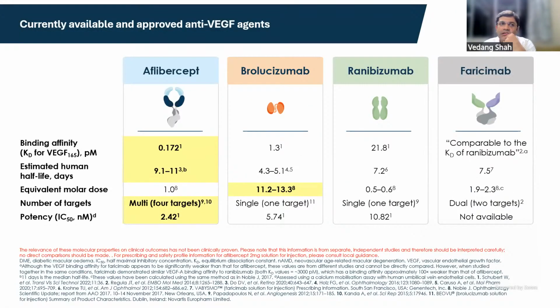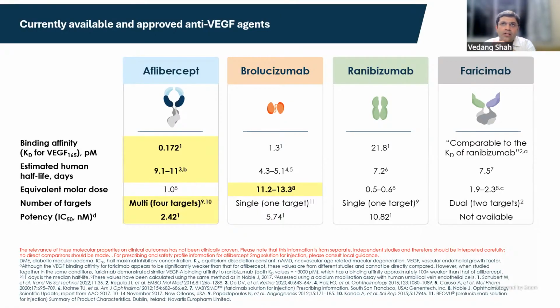These are the currently available anti-VEGFs in the market, and we know that each one has gone through a number of trials. There are a lot of online trials available for us to go through. Everyone has their own indications. Some are indicated specifically for AMD and PCV.